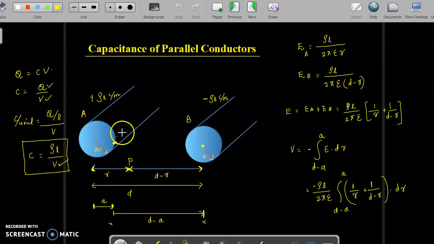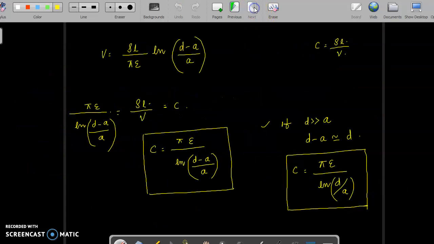If the medium between conductors A and B is air, then epsilon becomes epsilon naught. So by the way, this is the capacitance between the two parallel conductors: pi epsilon naught over natural log of d by a.